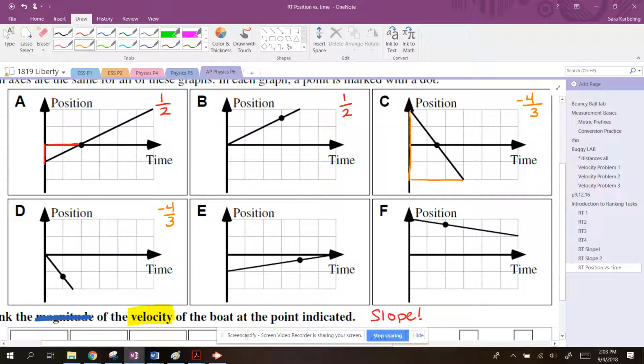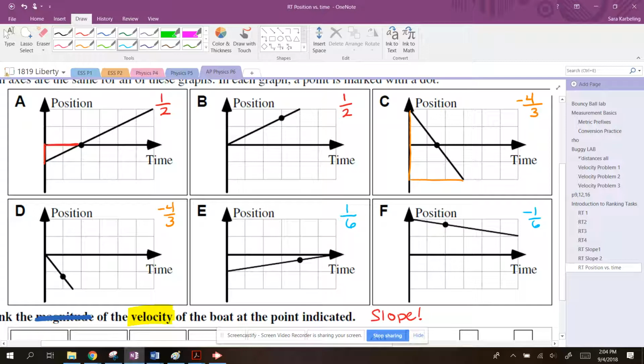It's positive. And we're going up 1 and over a bunch, right? 1, 2, 3, 4, 5, 6. And in F, the slope is negative 1/6. So we literally are just going to count them out.